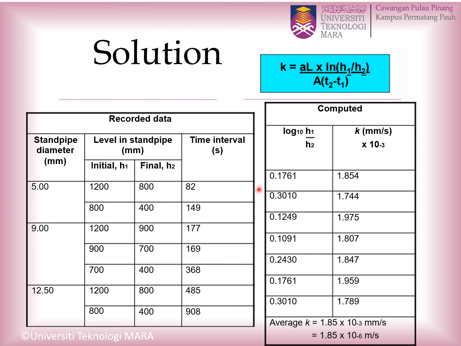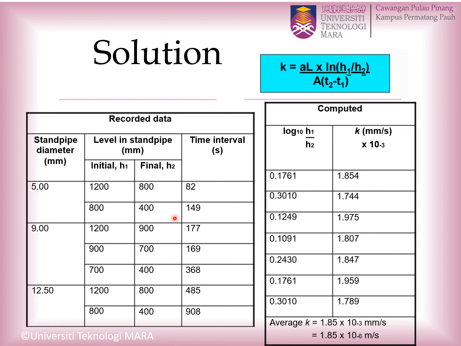To determine the value, ln H1 over H2 is log 10, so you calculate that. You get K equal to 1.854 times 10 to the power of minus 3.